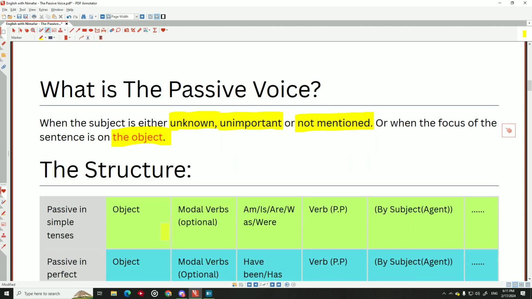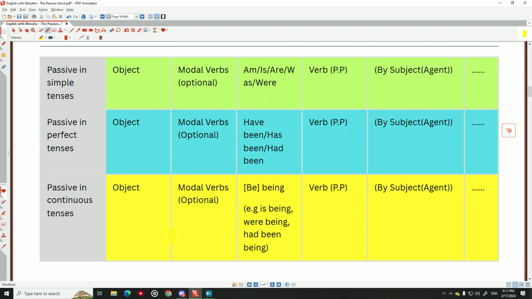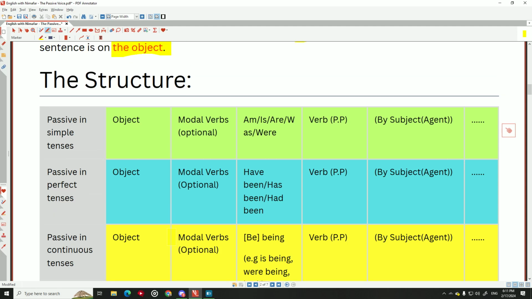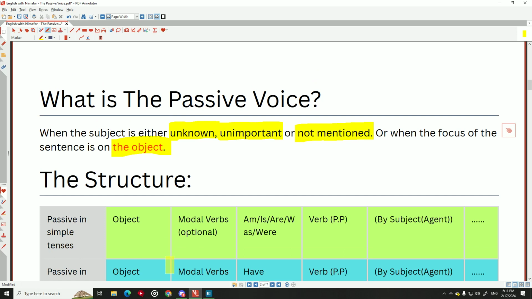So we have a structure here. Firstly, we have 3 to 4 types of tenses, like some kind of categories.